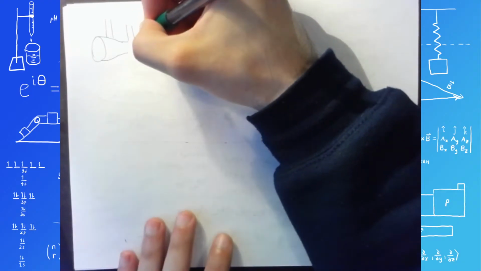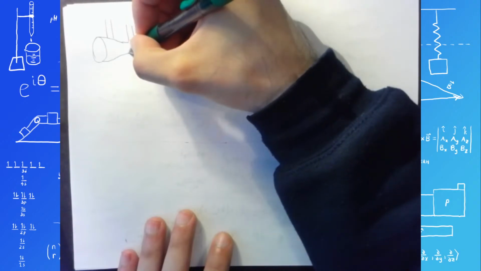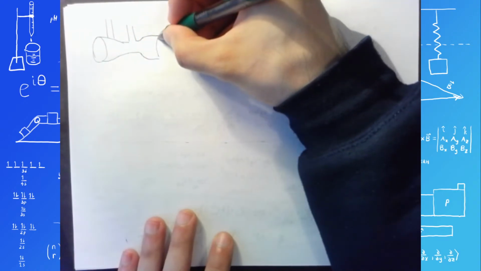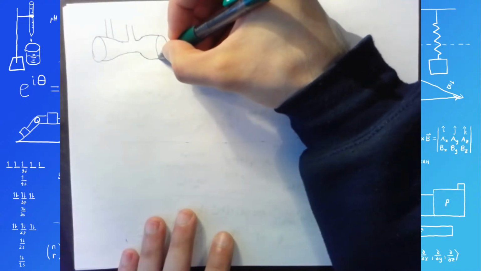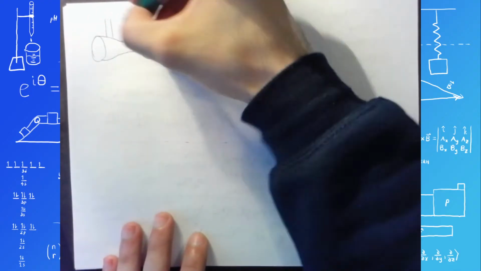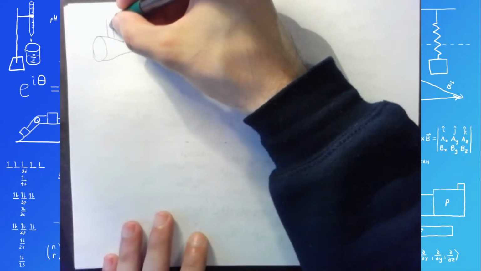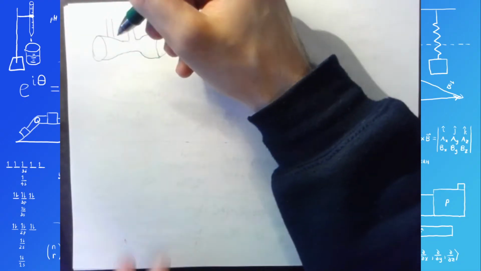And then it widens again. So it's kind of dumbbell shaped. And I drew this part too early, but these are supposed to be directly connected.